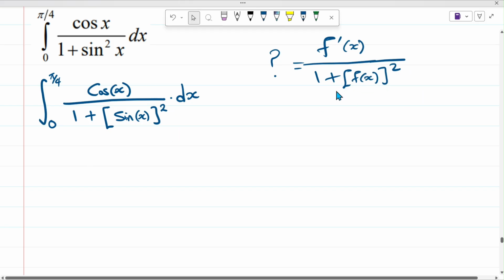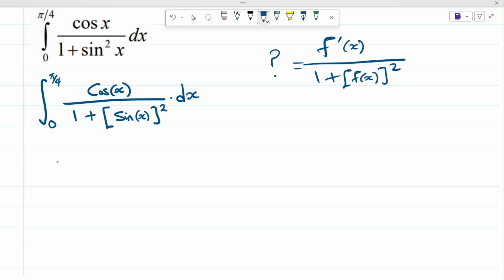If we let sine x be f of x, then cos of x is f prime of x, because when we differentiate sine x, this becomes cos of x. So we can conclude that tan inverse of sine x was differentiated for us to get this integral, you understand?